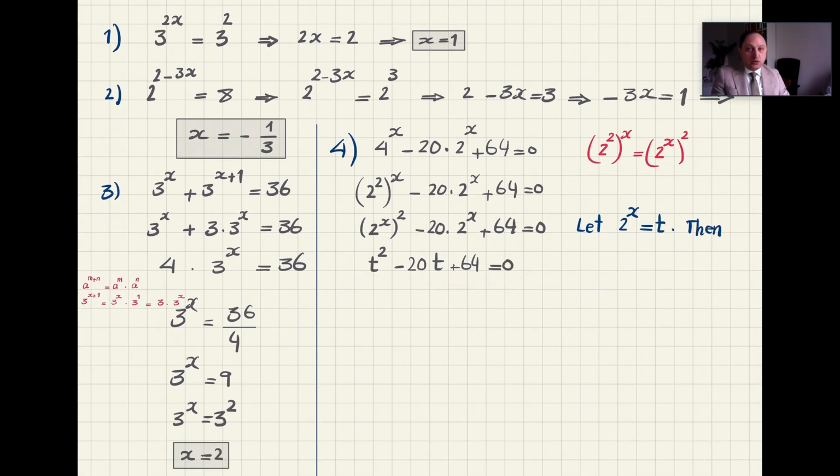This is just an ordinary quadratic equation. So by using these tricks and techniques, we reduced our problem from an exponential equation to a simple quadratic equation. Here we are relieved, because we know what to do with this equation.